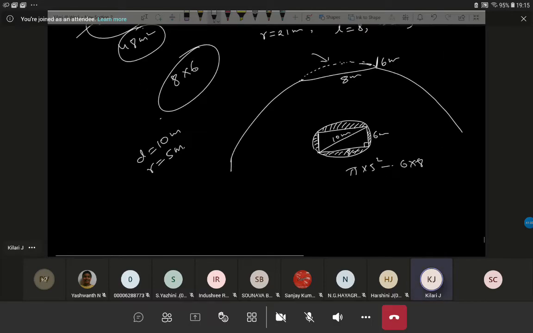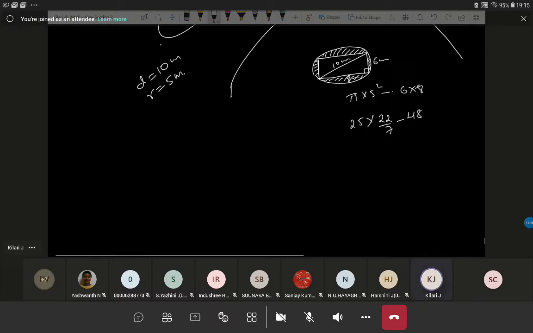Let us see how much we get. 25 into 22 by 7 minus 48. Even in this way, we are not getting an integral value.